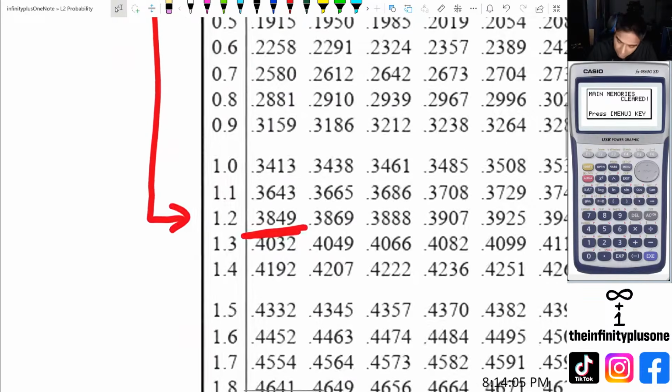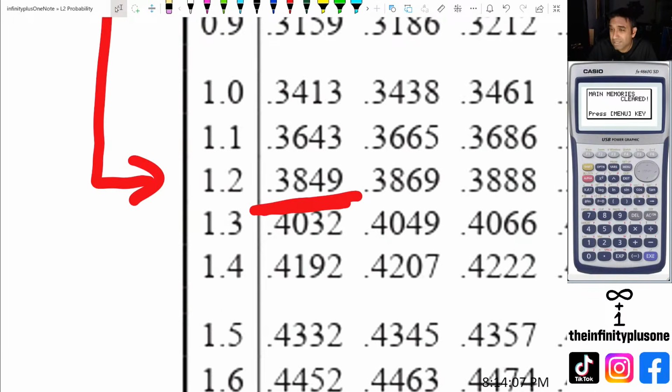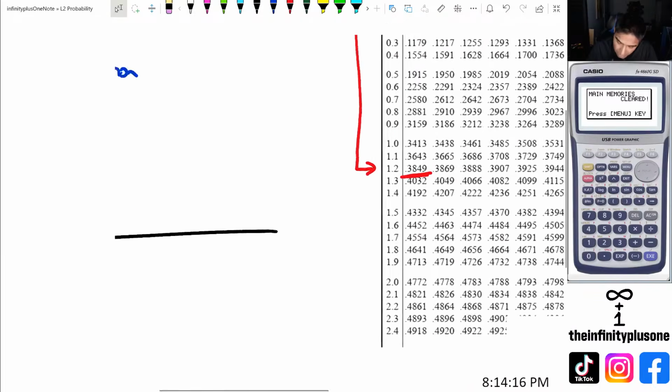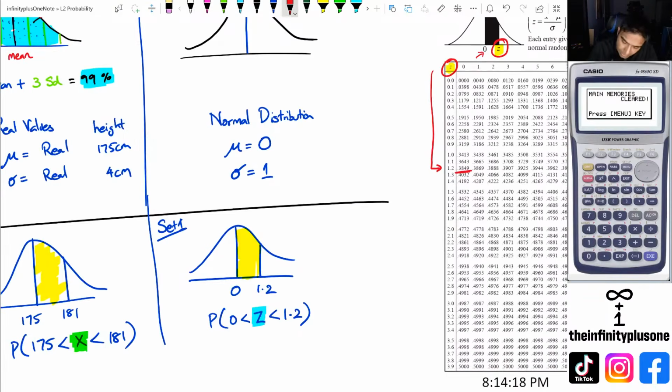If I zoom in enough, you're going to see the probability. That's telling me that between 0 and 1.2, it's a probability of 0.3849.